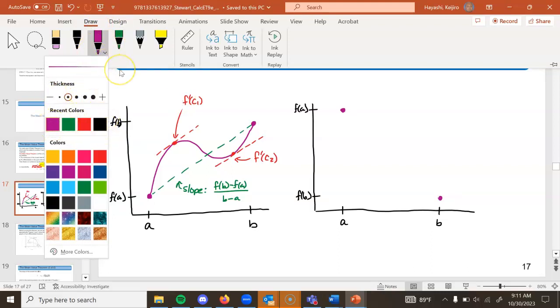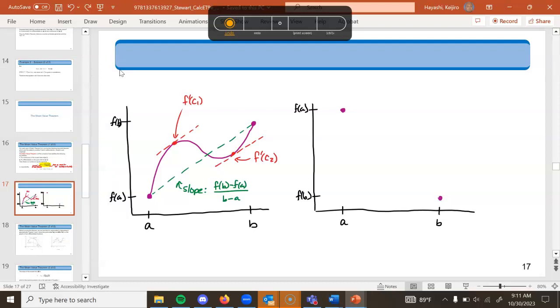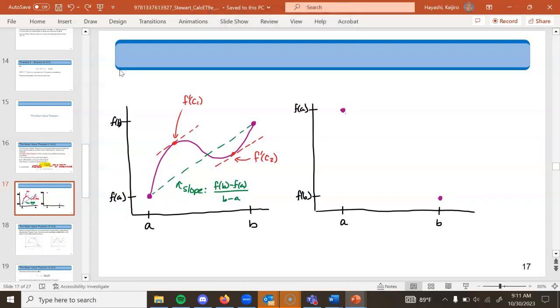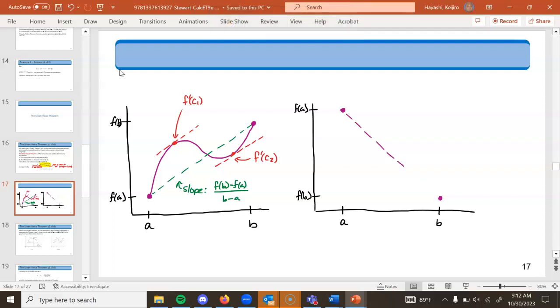In the same way that we couldn't avoid getting a horizontal tangent line with Rolle's theorem, we just make the secant line first. You're not going to be able to avoid getting a place on the graph whose derivative is equal to the slope of the secant line with the mean value theorem.